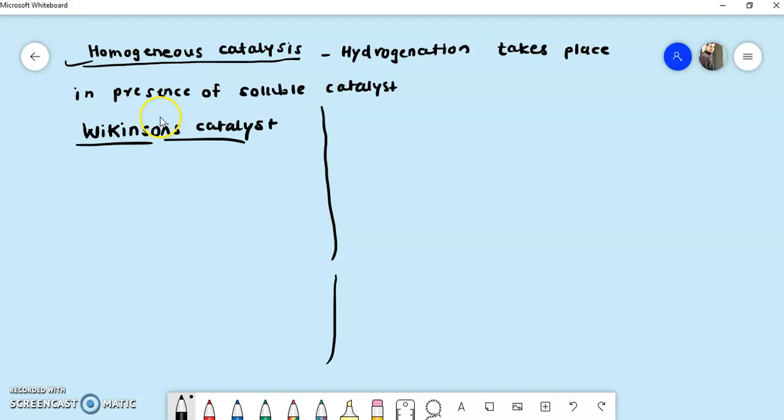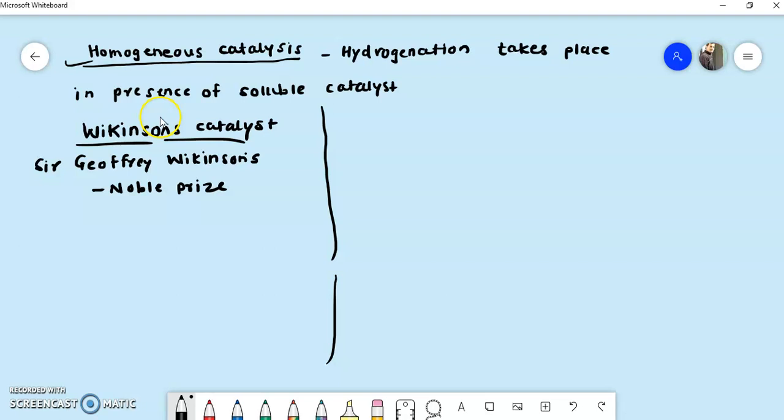Due to discovery of this catalyst, Sir Geoffrey Wilkinson was awarded the Nobel Prize, and to honor him, the catalyst is called Wilkinson catalyst. They got the Nobel Prize in chemistry for this discovery. So it is a very noble and very important catalyst.